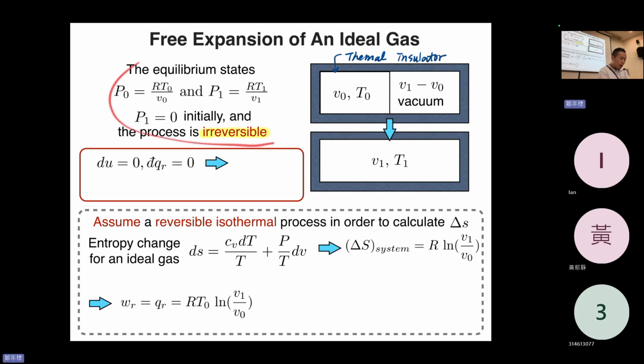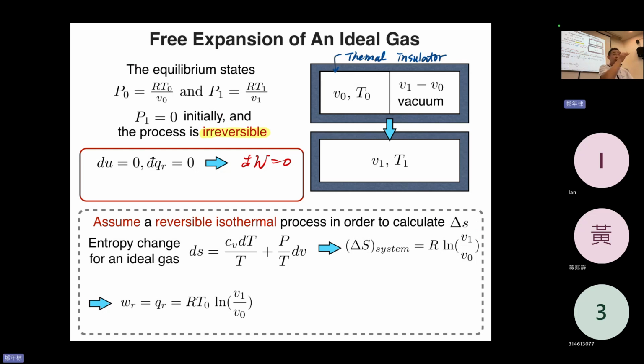So this is one path, and this is another path. But if we have similar initial and final conditions, we can determine the delta S. That's the idea. So we know that dU equals 0, dbar Q_r equals 0, and dbar W also equals 0.